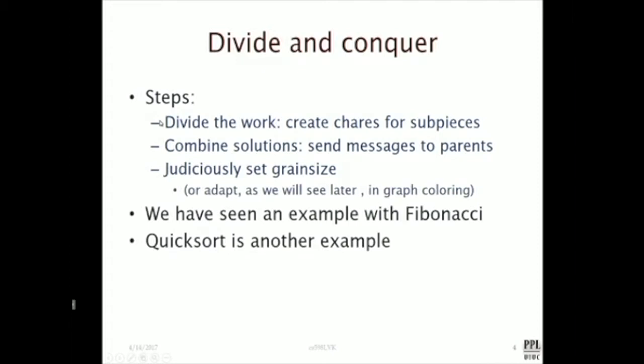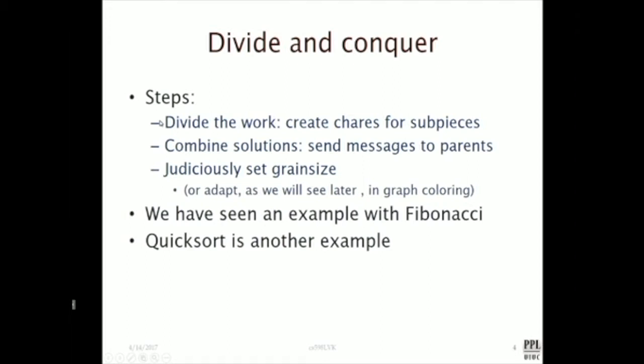One kind of problem that you encounter is divide and conquer. In this kind of problem, and again, forget chars, you have a problem. To solve this problem, you divide into k subproblems, and each one of those k subproblems needs to be solved again recursively. And then you might need to combine the solutions from the children to form the solution for the parent. Quicksort is an example of that. So is, let's say, adaptive quadrature for integration.